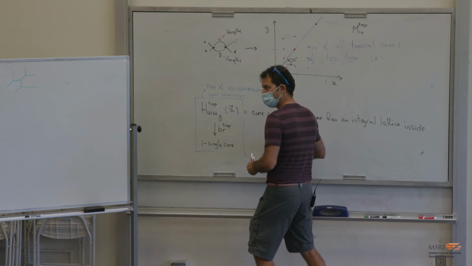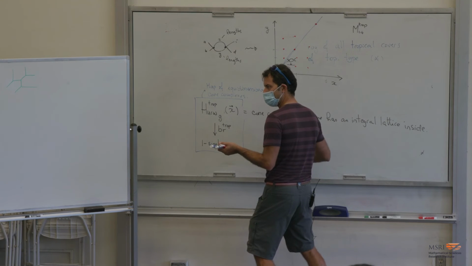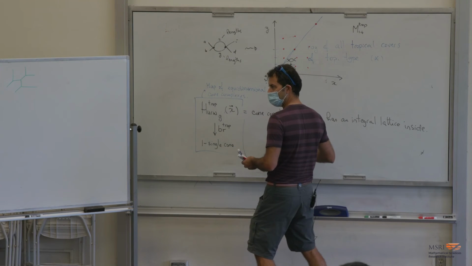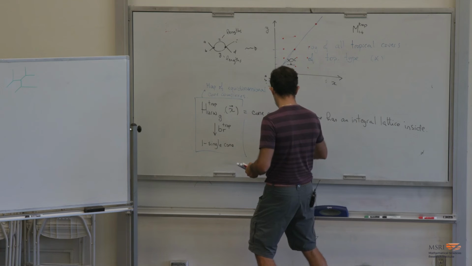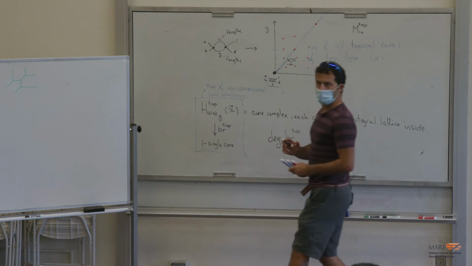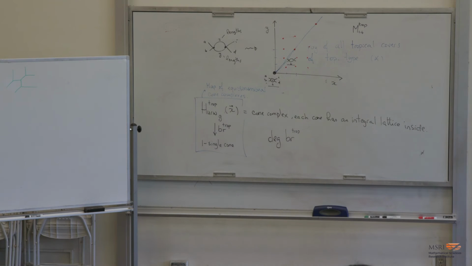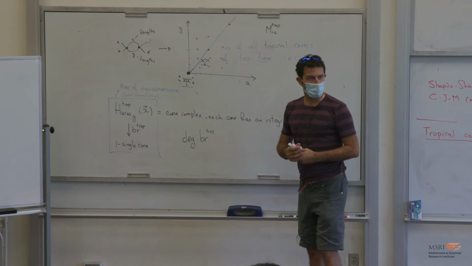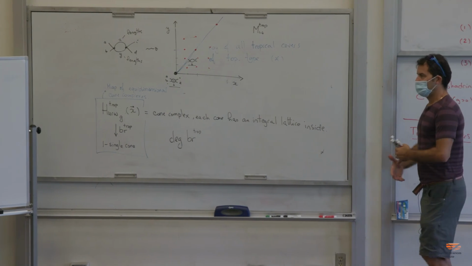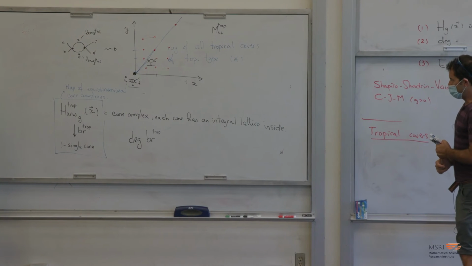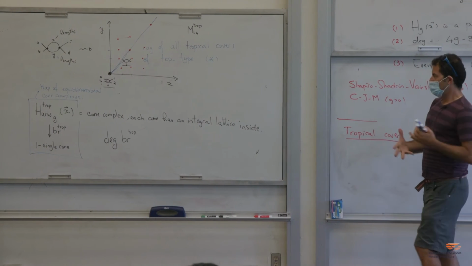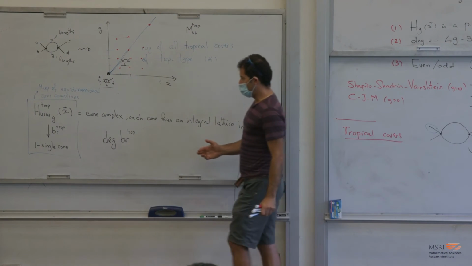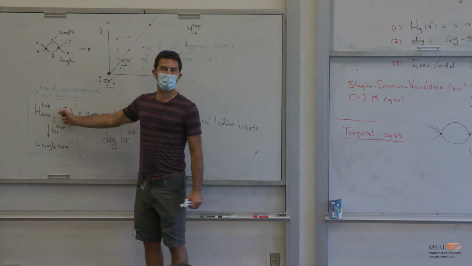I think probably Hannah is going to define this today. Or maybe next time, but let me preview that. Tropical geometers, and convex geometers before them, and lattice people and toric people, see something like this and say the right notion of degree is not just to take a point here and look at the number of inverse images.